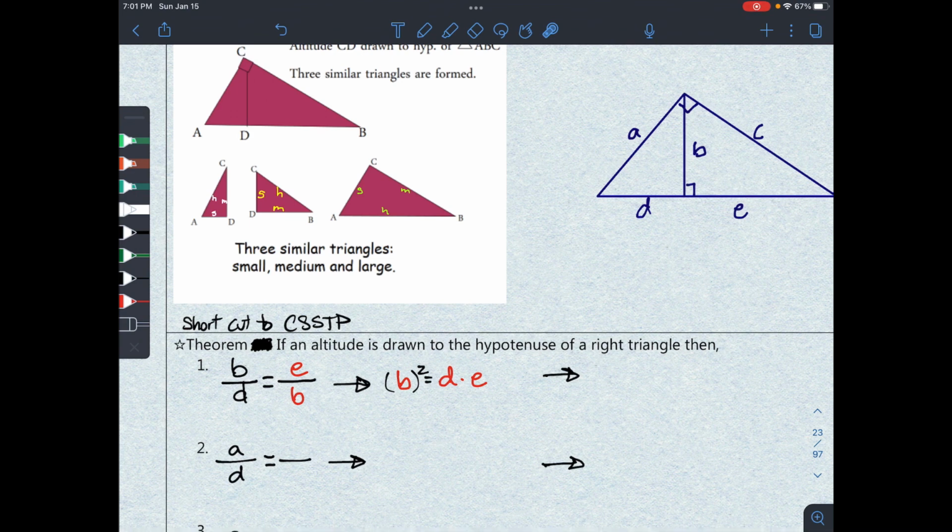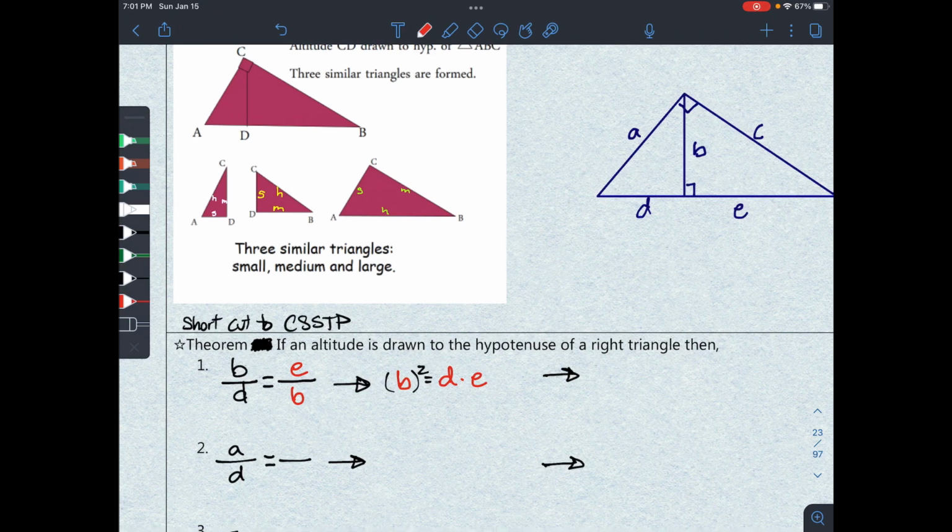Similarly, if I take the hypotenuse divided by the short side, again, I'm looking at the small triangle compared to the big triangle, where I have the hypotenuse divided by the short side.